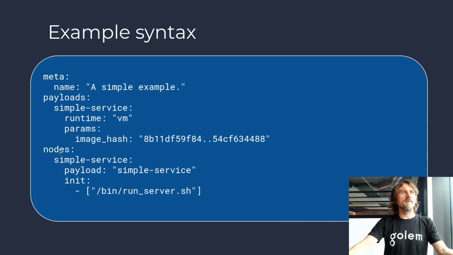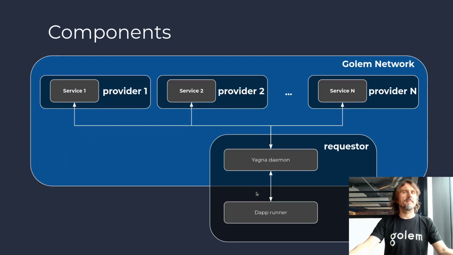So we have a single instance of a service called simple service. It uses the payload that we defined above, and we provide an initialization script that's going to launch the service on our network. So that's it. That's all it takes to run an application consisting of a single instance of a single image on Golem network.